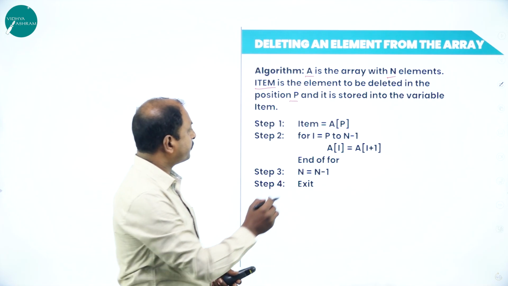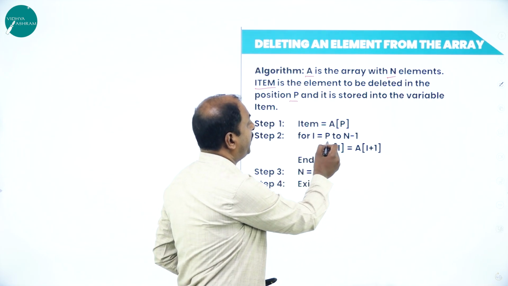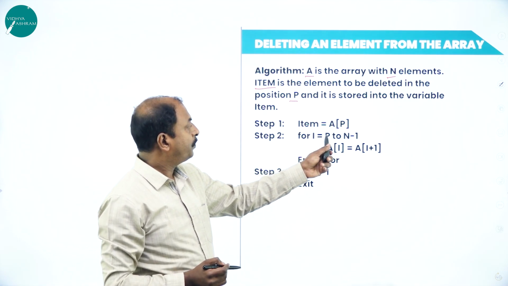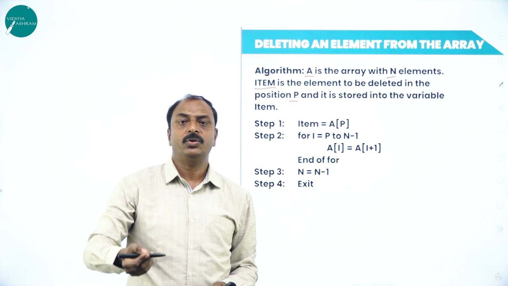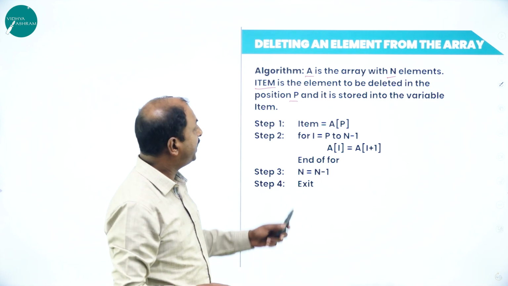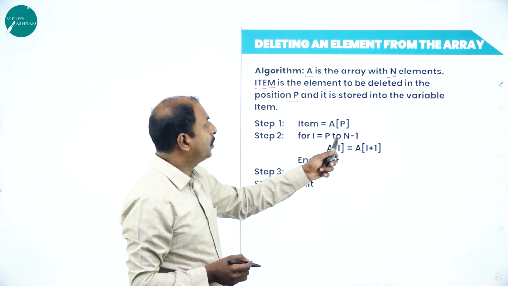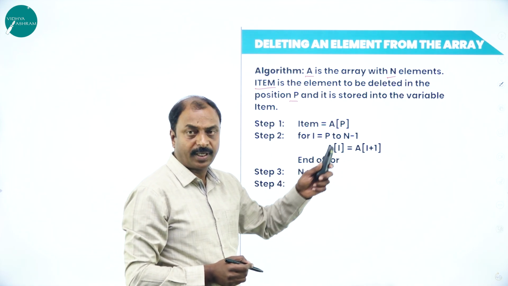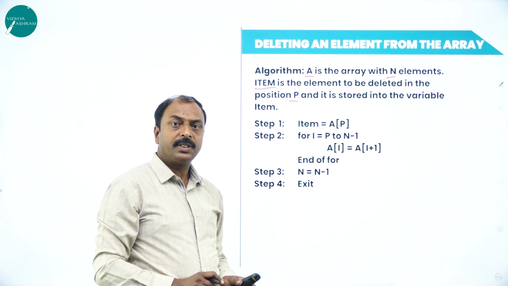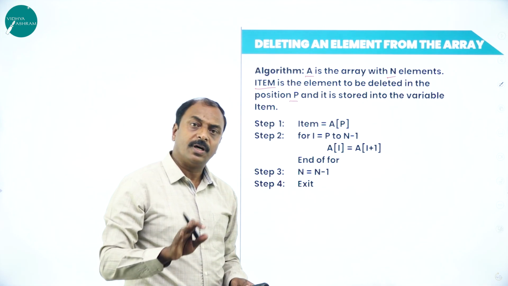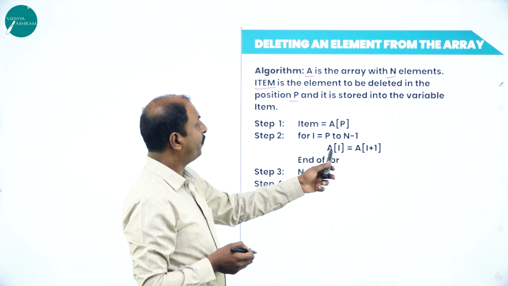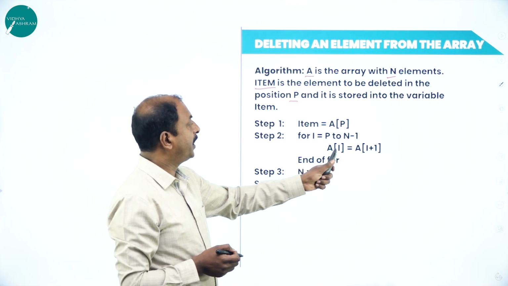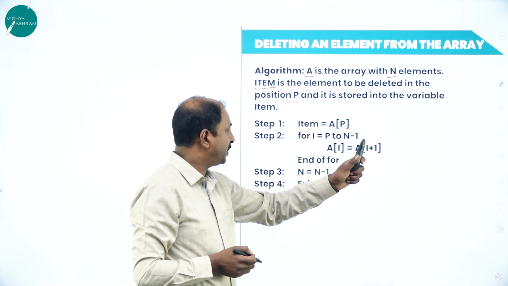After that, for I equals P to n minus 1. So from the point where we have to delete an element, from that index P to n minus 1, till the end of the array, we have to move the elements to the previous or lower order index, that is A[I] equals A[I plus 1].